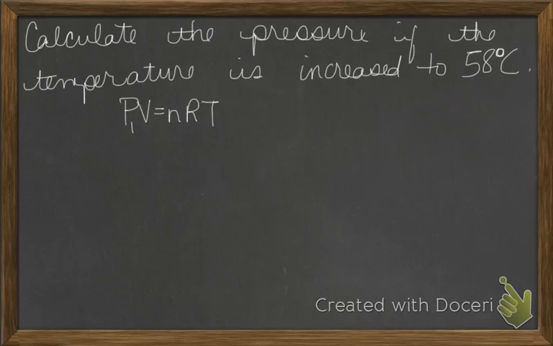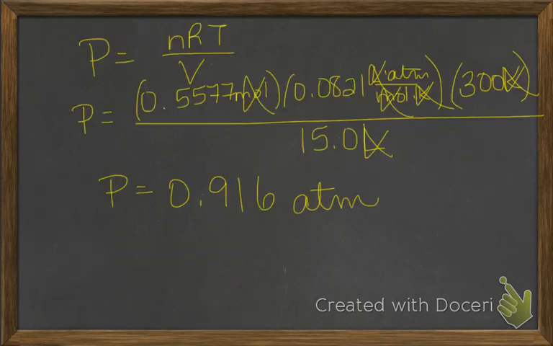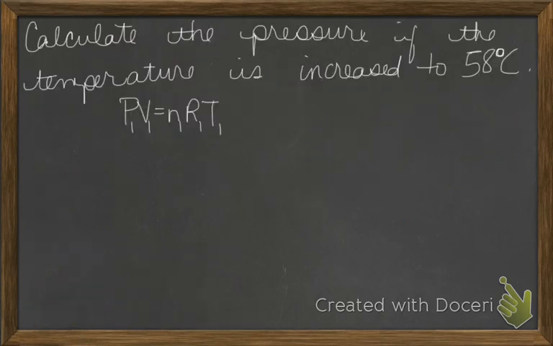Since that was the first set of information, I'm going to give all these a 1 because those went with the information in the original problem. Now, if I were to take this PV equals nRT and put everything on one side, if I divided this side by nRT, I would likewise have to divide the other side by nRT.